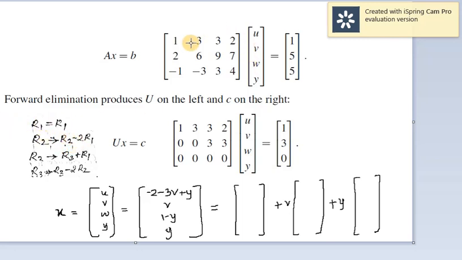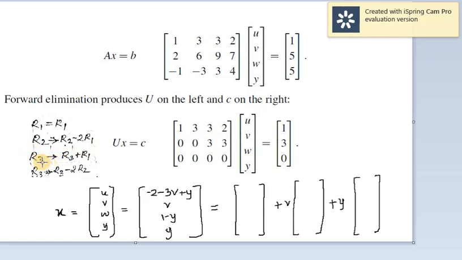R1 is kept as R1 in the first step, but the second row obtained is the second row minus 2 times the first row. So when we perform this operation, we get this.